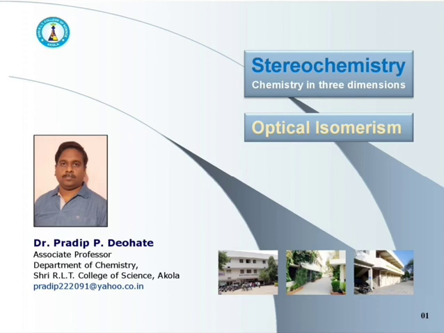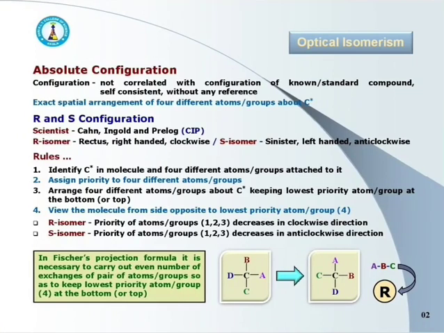In this lecture, I am going to talk on the next part related to optical isomerism, that is, absolute configuration. Let us start the talk on absolute configuration.